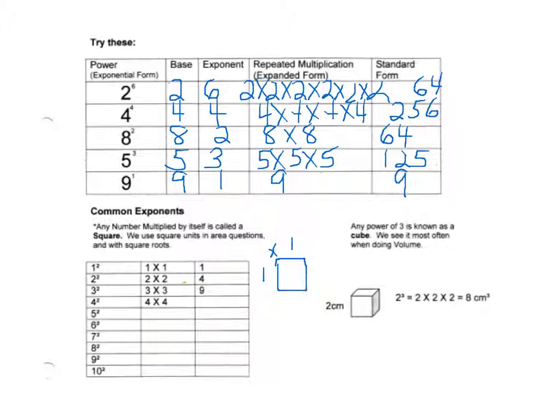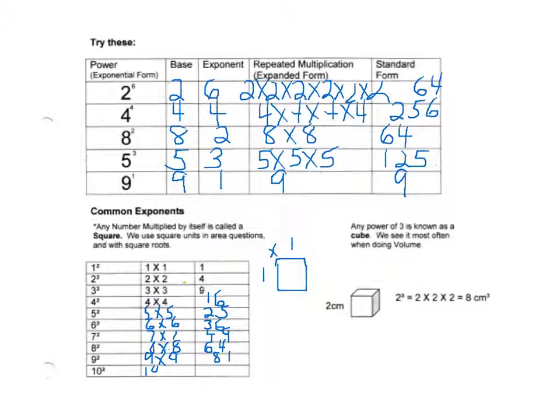If we continue the pattern, you can see 4 to the power of 2 is 4 times 4, which is 16. 5 to the power of 2, 5 times 5, is 25. 6 to the power of 2 is 6 times 6, which is 36. 7 to the power of 2 is 7 times 7, or 49. 8 to the power of 2, or 8 squared, is 8 times 8, which is 64. 9 to the power of 2, or 9 squared, is 9 times 9, which is 81.